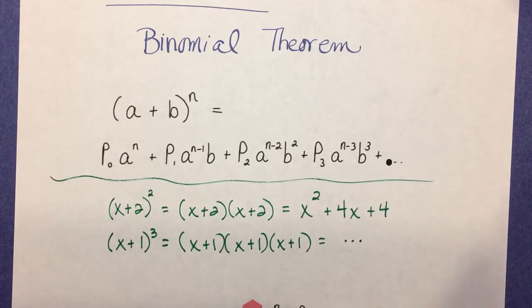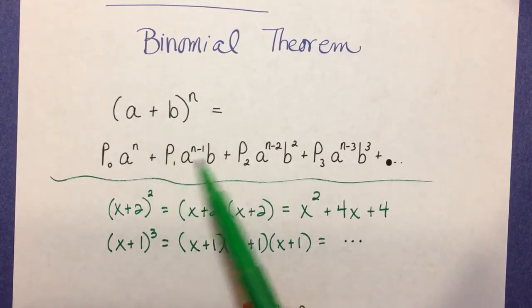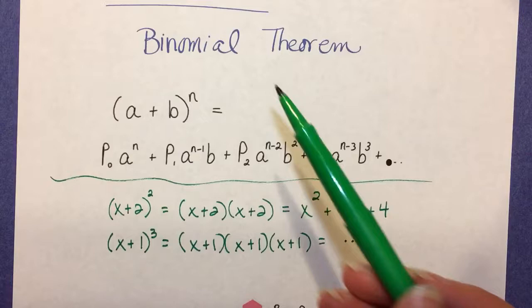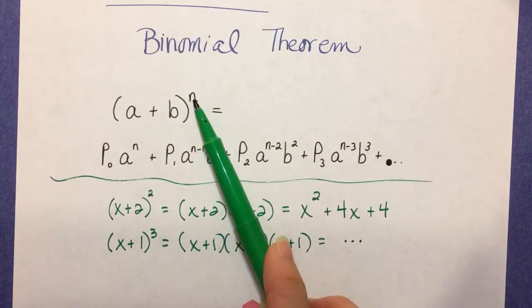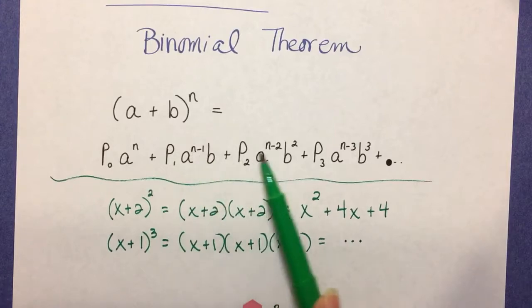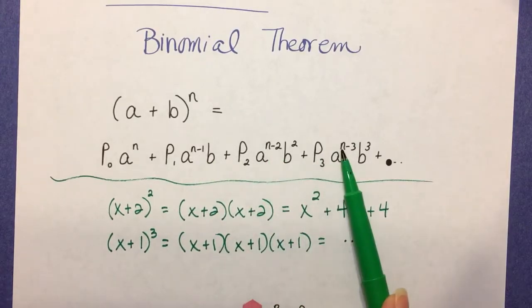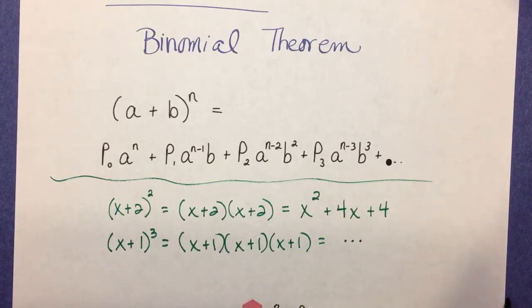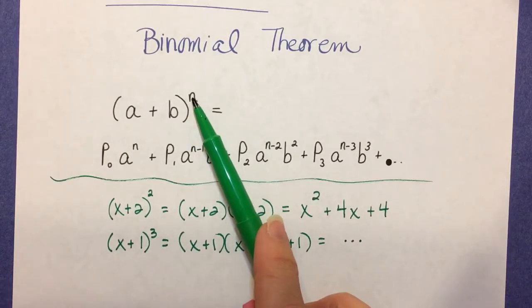Okay. Now here's what you need to know about how this works. Of course, the exponent is referred to as n, and if you notice, there's some places in here where we have an n that is used. So whatever your exponent is, that is n.